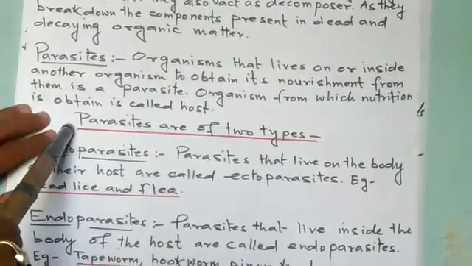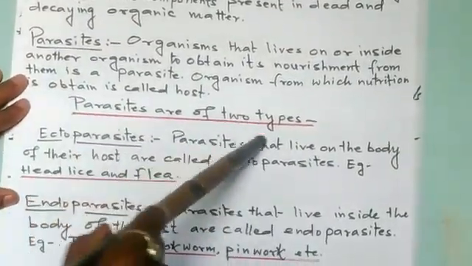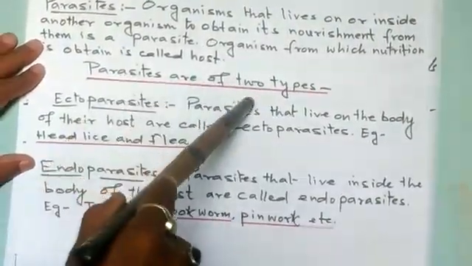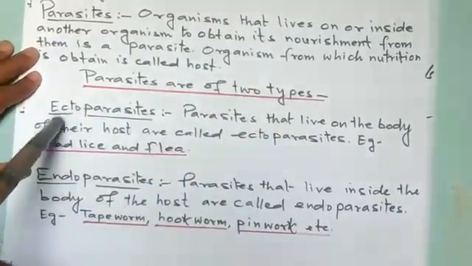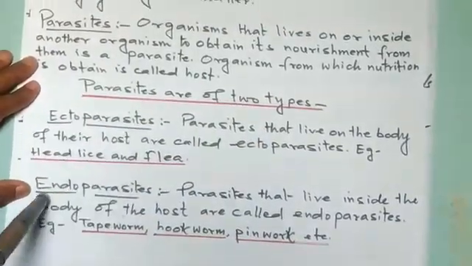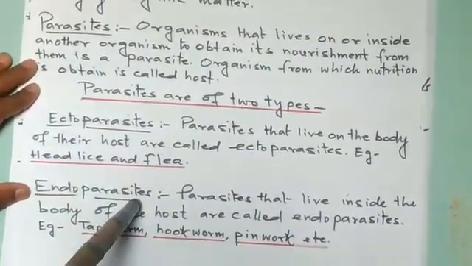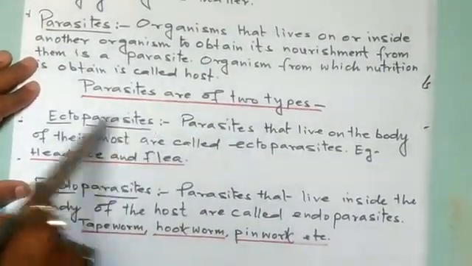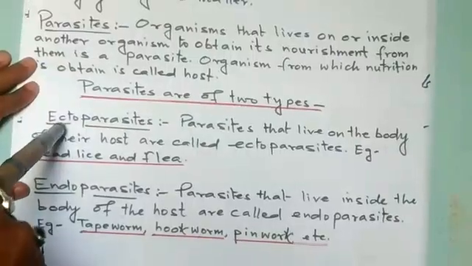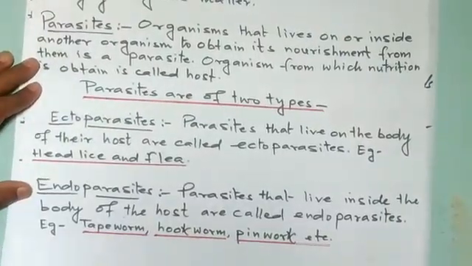Parasites are of two types: ectoparasites and endoparasites. Ectoparasite, from the word itself we can understand, ecto means outside.